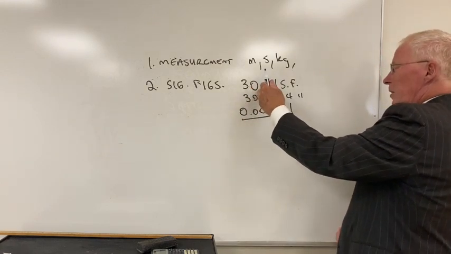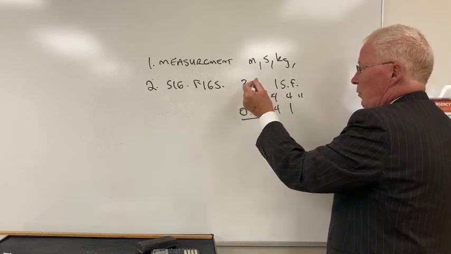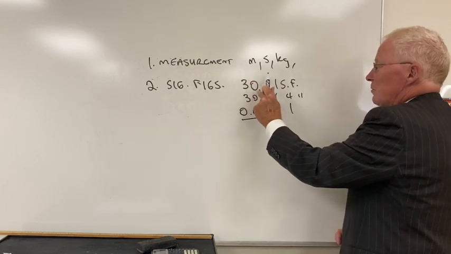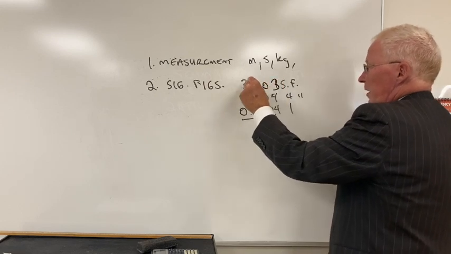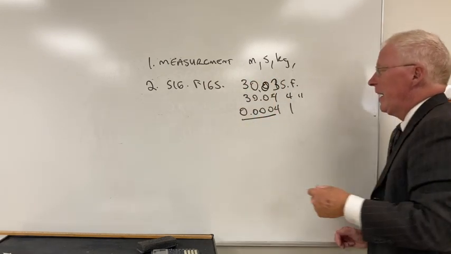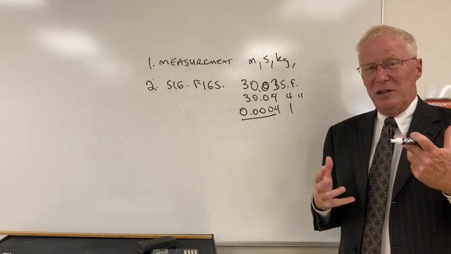In a number greater than 1, the trailing zeros don't count unless you have a decimal point. So 30.0 would be 3, because in this case you're implying greater accuracy. So that's part of the lectures.